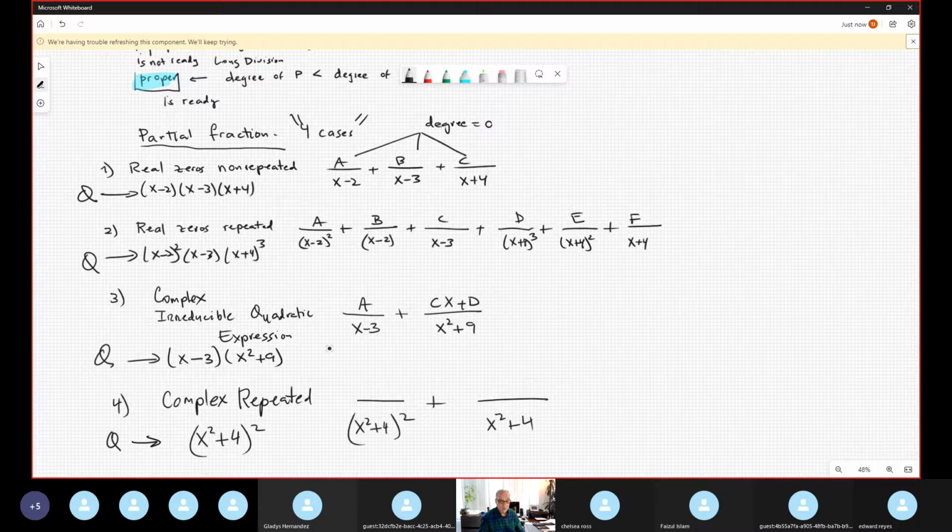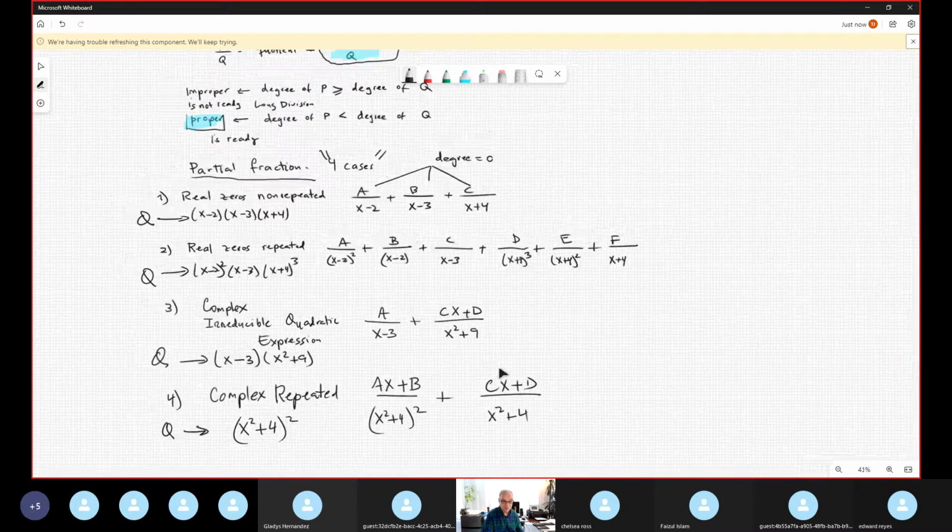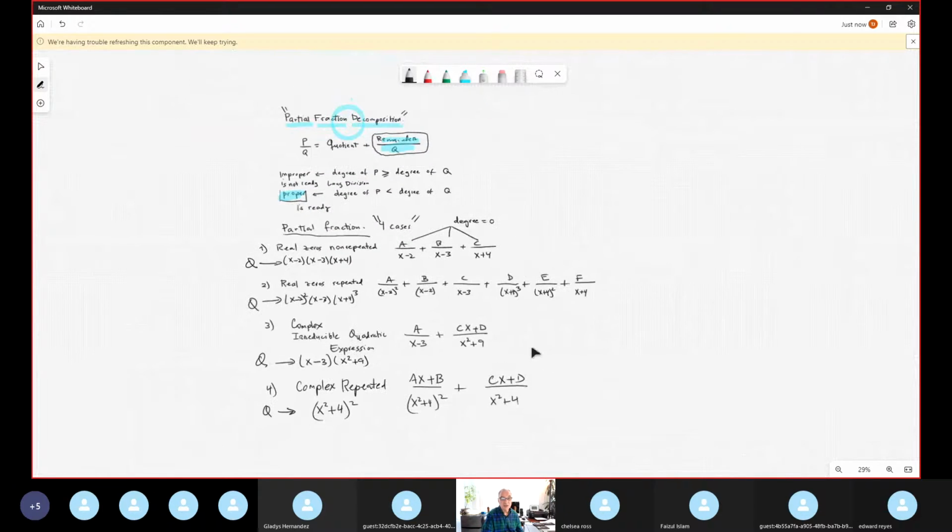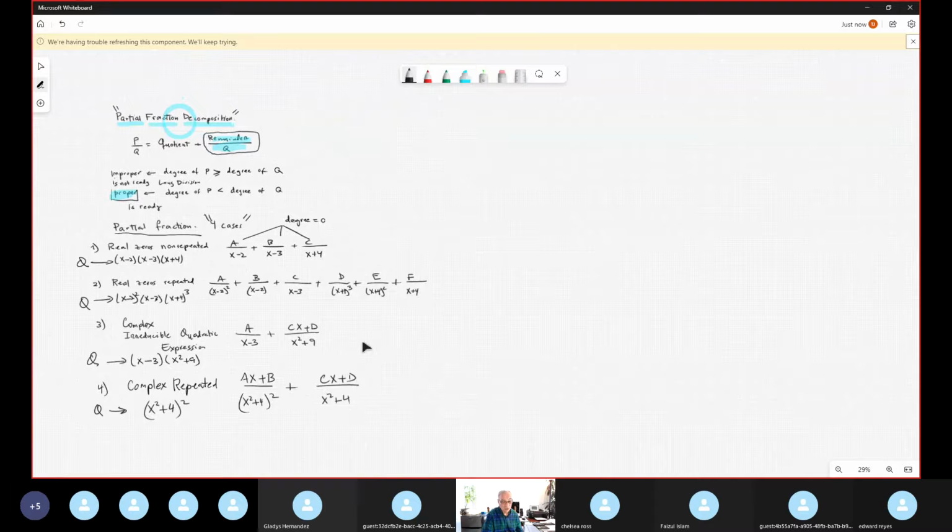And the coefficients are, for example, here ax plus b and cx plus d. Because degree 2, degree 1, degree 2, I don't care too much about this exponent, and degree 1. Okay, now this is the moment to be ready to understand or try to do the example.